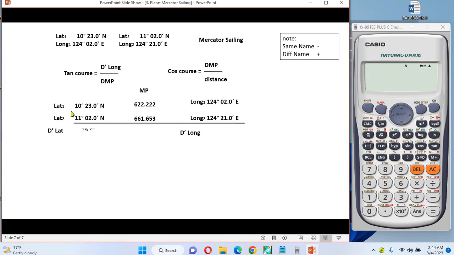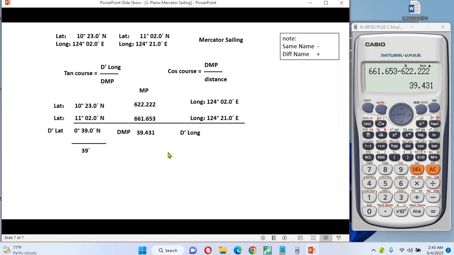So latitude, we have solved this before from plane sailing. So bring down 39, and then for DMP, the bigger number is 661.653 minus 622.222 equals 39.431, and boom, 39.431.